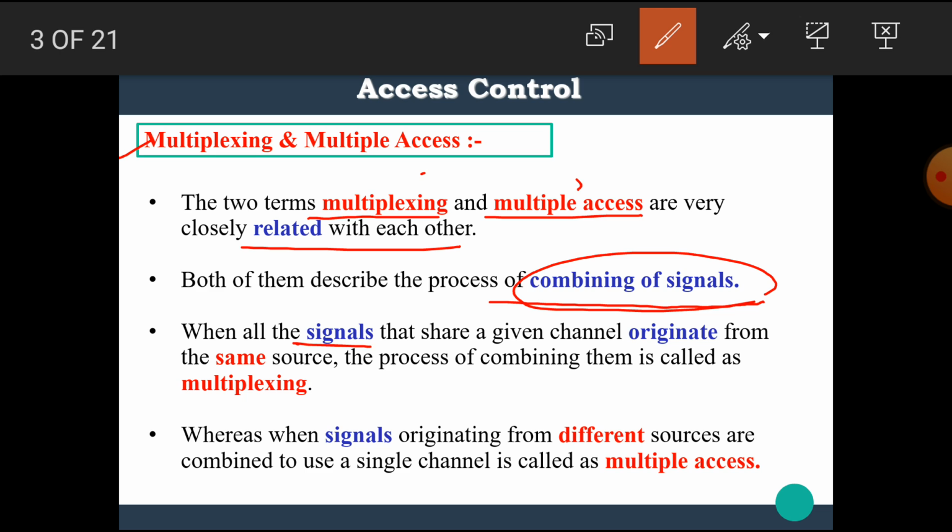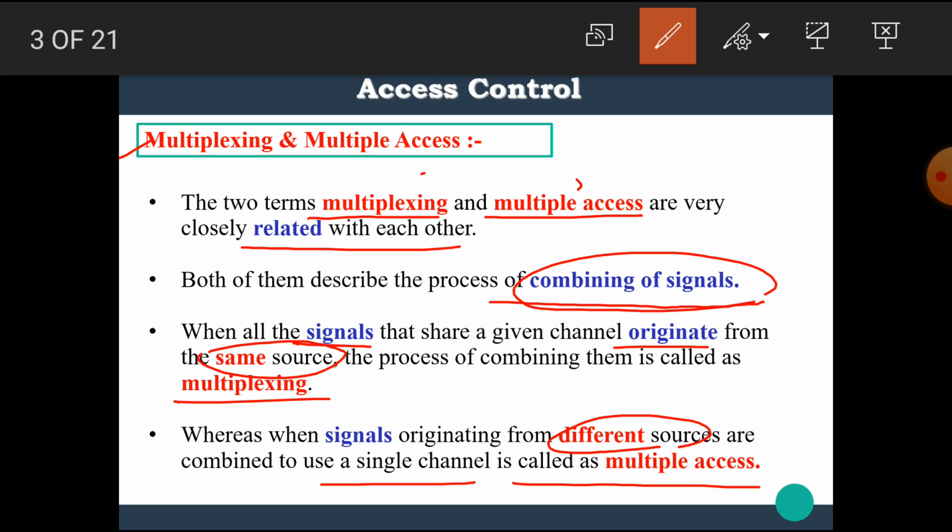When all the signals that share a given channel originate from the same source, the process of combining them is known as multiplexing. Whereas when signals originating from different sources are combined to use a single channel, it is called multiple access.